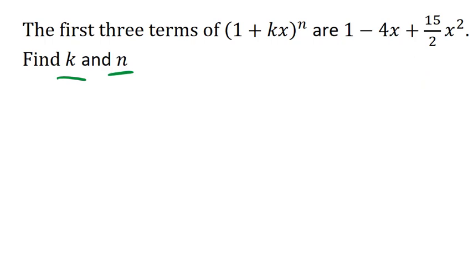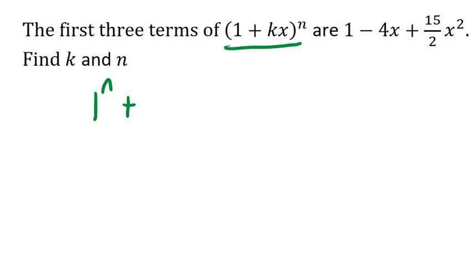So how do I do that? Well, I'm going to multiply this out. I'm going to find the binomial expansion of that and then compare the first 3 terms. So let's do that. You multiply this out, you always get the first term to the power n. Easy.